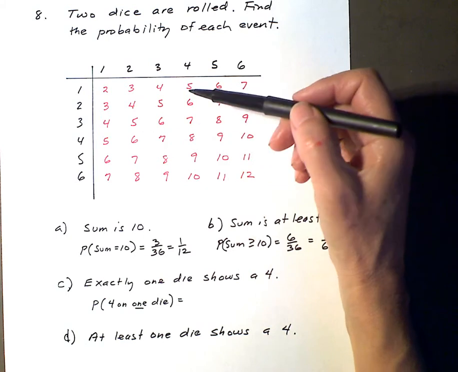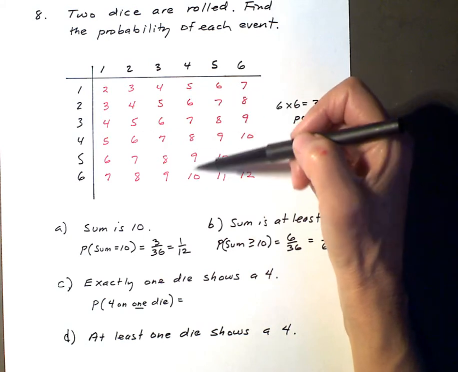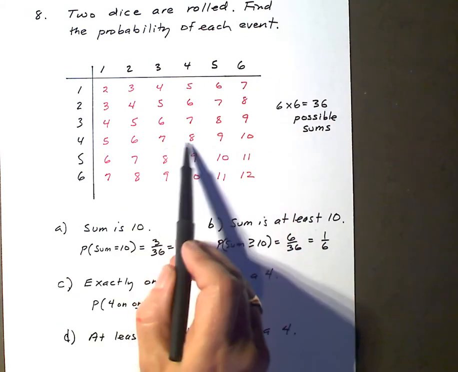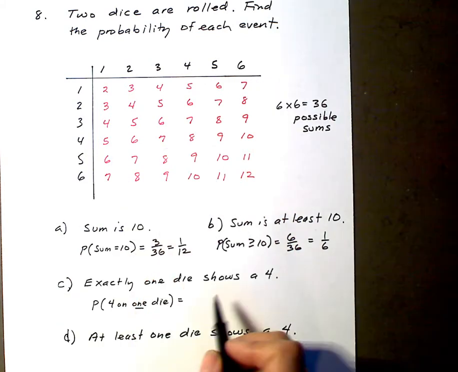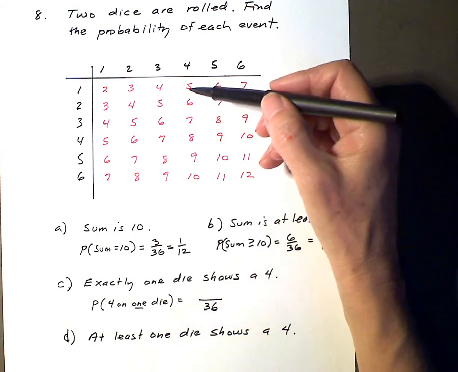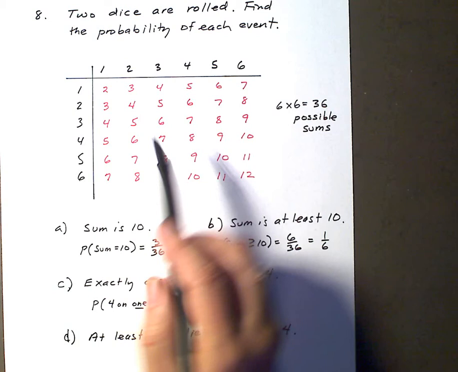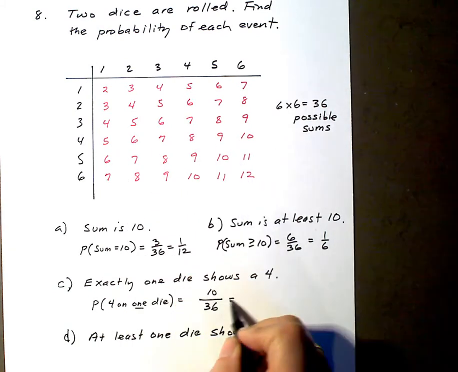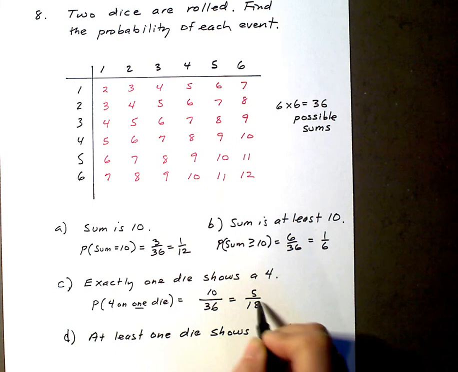But if I count everything else in this column, where this die came up with a 4, and in this row, except for the 8, I should get the number out of 36 that have exactly one 4. So there's 1, 2, 3, 4, 5, 6, 7, 8, 9, 10. So 10 out of 36, which is a probability of 5 over 18.